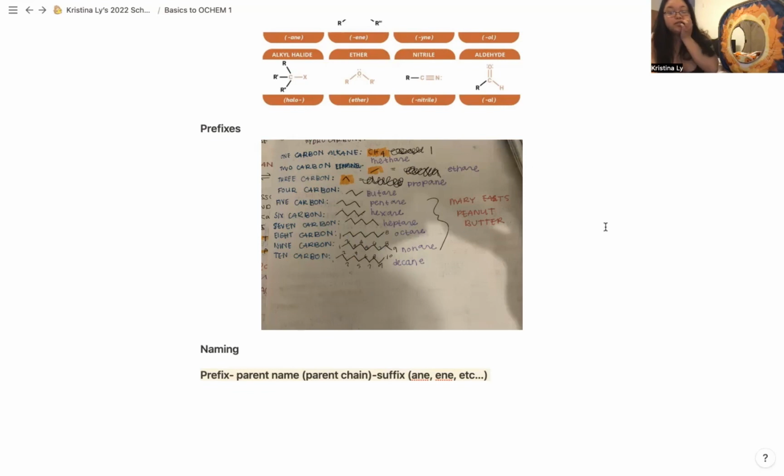So when you're drawing these structures out and they give you, say, hept something, then you obviously know it needs 7 as its chain. So you're going to draw out 7, and how I make sure I have 7 is to count the little dots on the chain, pretty much. So 1, 2, 3, 4, 5, 6, 7.